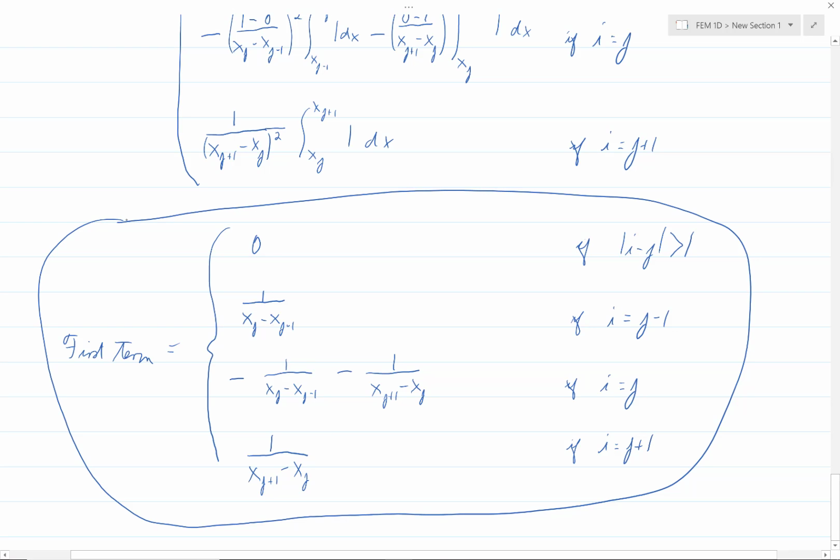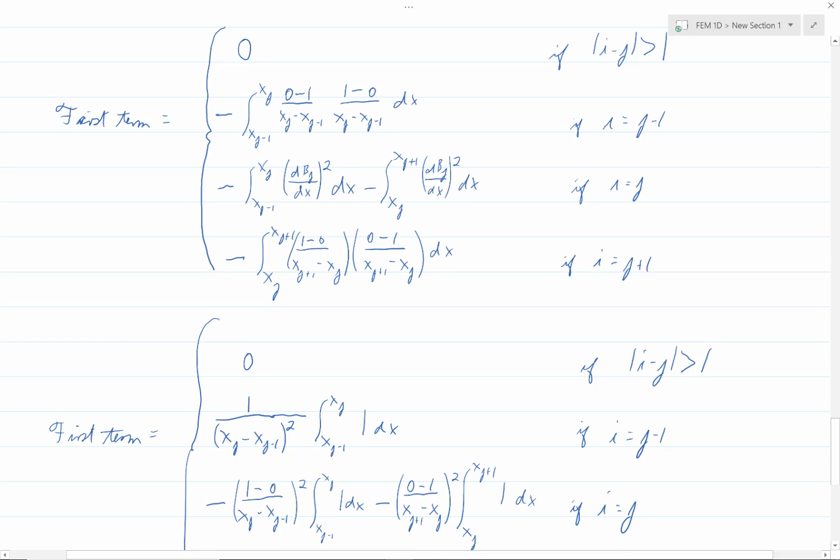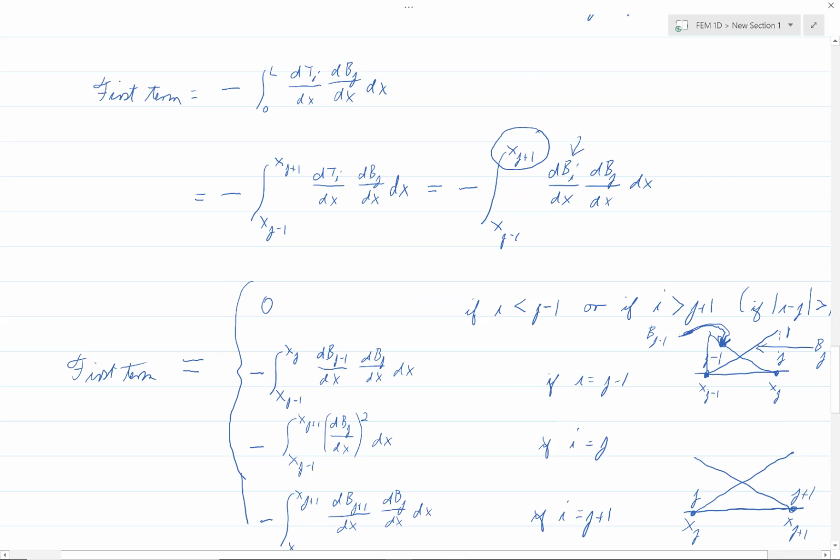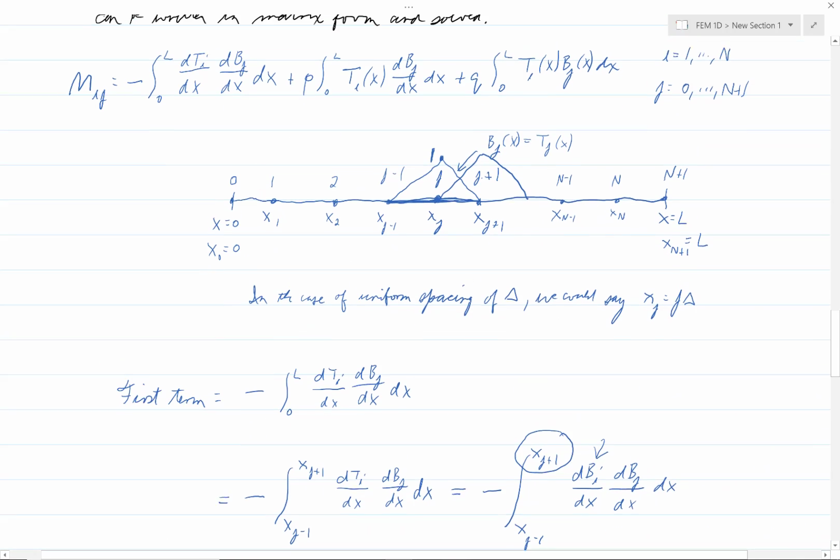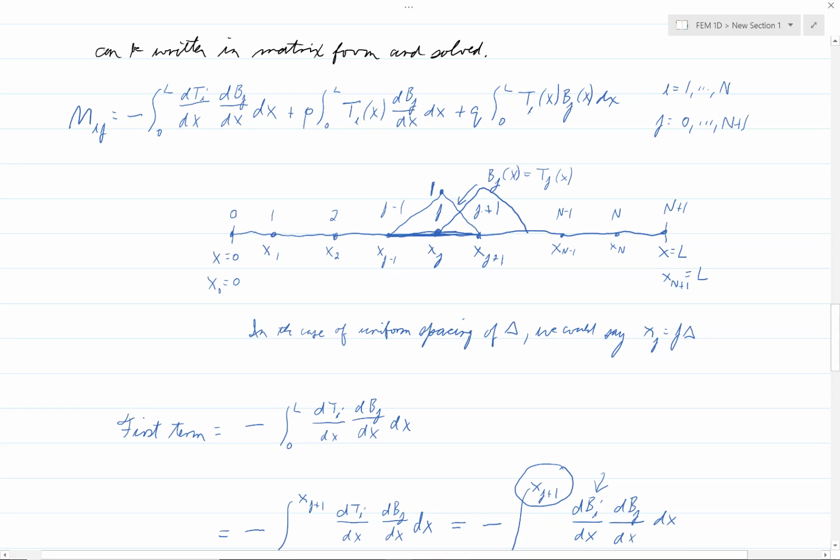And everything for the second term and the third term up here would be very similar, except that now, for the derivatives, you know how to do that, but for the function, you would have to find an expression. The ti's and the bj's are piecewise linear functions, but since you know the value of each function at each endpoint of each interval, and you know the endpoints of the intervals, you can pretty easily find those expressions.